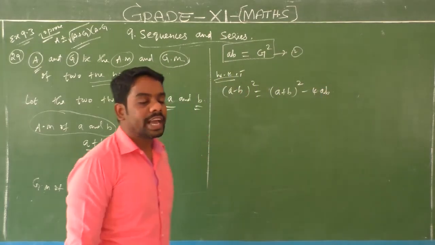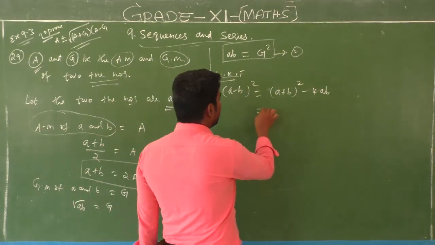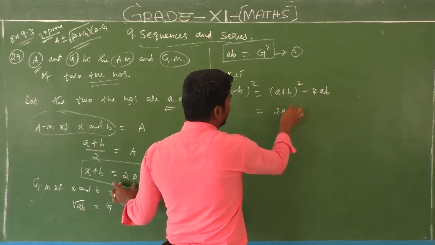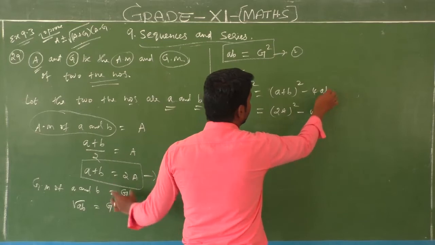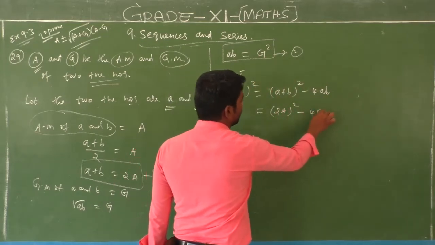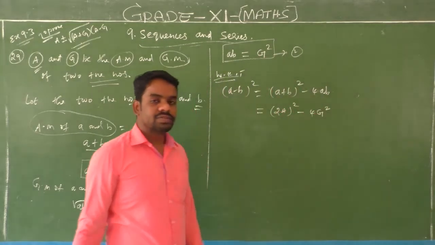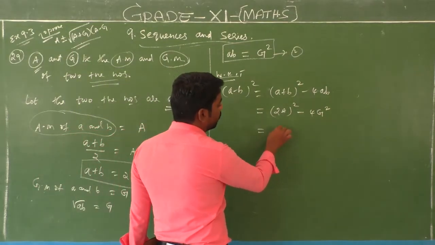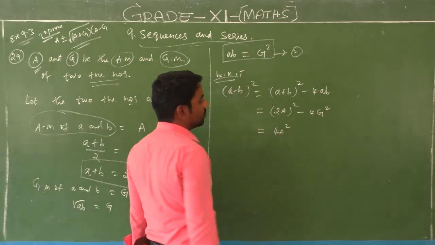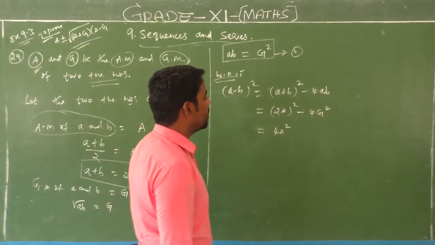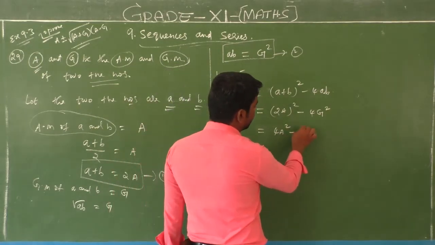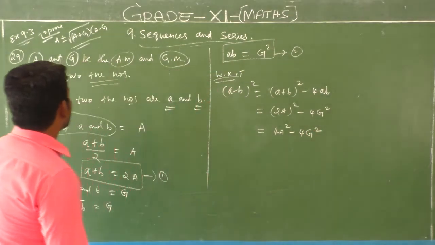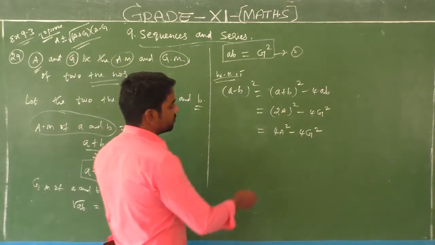The value of a plus b is 2A, so (2A) whole square minus 4 into ab, whose value is G square. So 4A square minus 4G square.